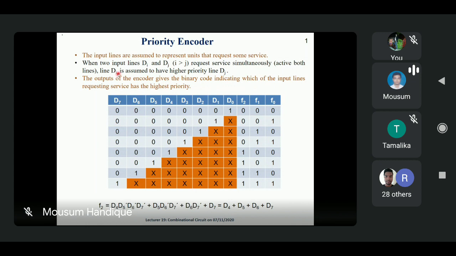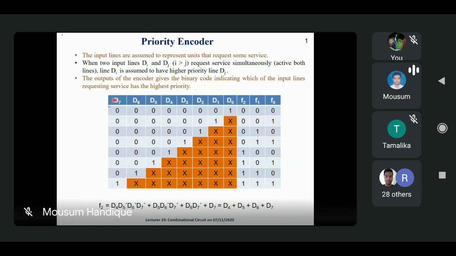Based on this priority, Di is assumed to have a higher priority than line Dj. So Di is assumed to be a higher priority line than Dj, and based on that we generate the output. That means the output of the encoder gives the binary code indicating which input line requesting service has the highest priority.